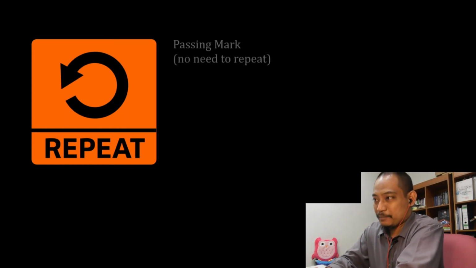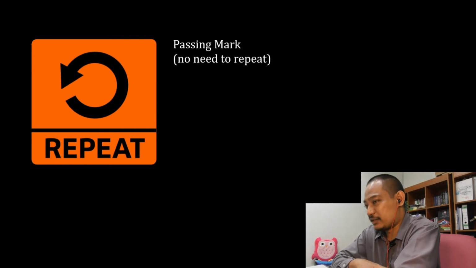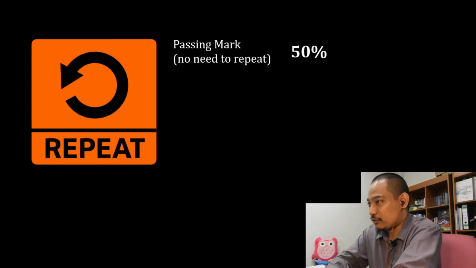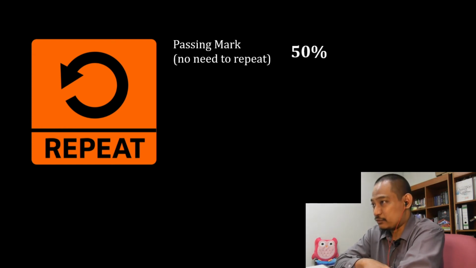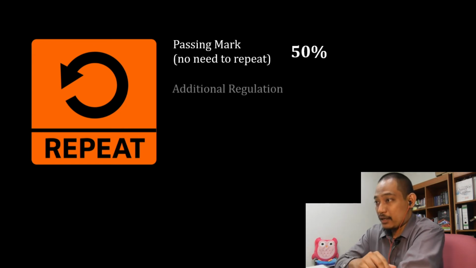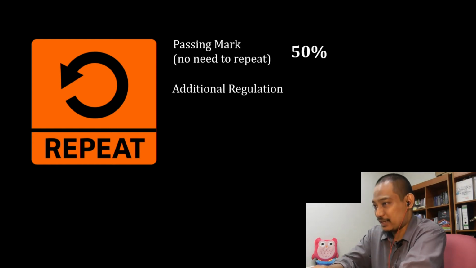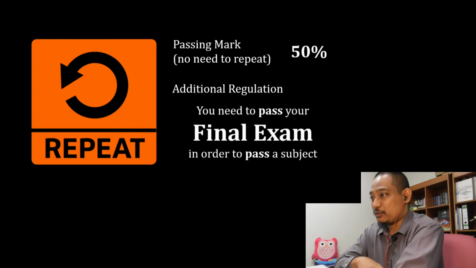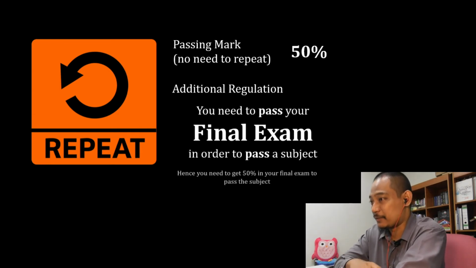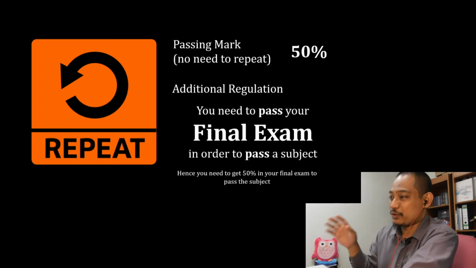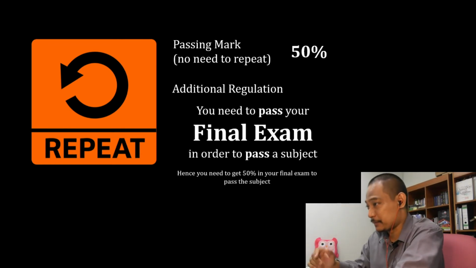Okay, this is the requirement of the university, I think. You should know already that the passing mark is 50%. If you get less than 50%, you have to repeat the subject, right? And is it 2 years back or 1 year back, there's this additional regulation that you need to pass your final exam in order to pass a subject, meaning that your final exam itself also has to be more than 50%.